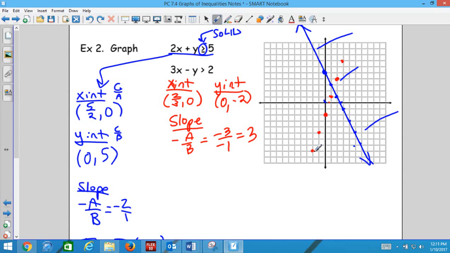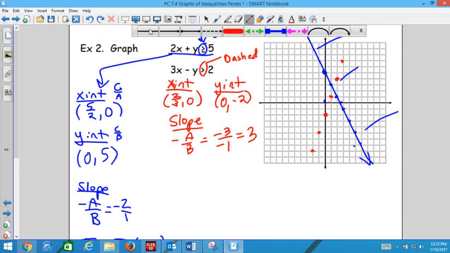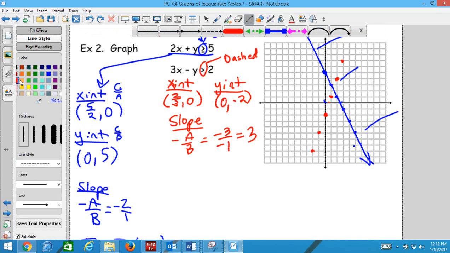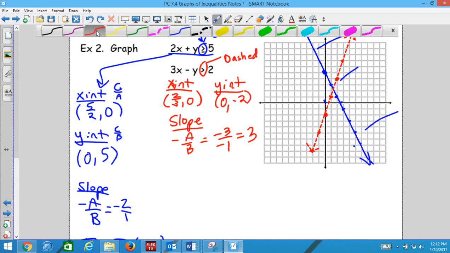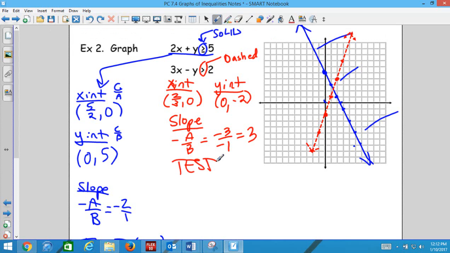Will this one be dashed or solid? Why is it dashed? It's not equal to, so it's dashed. And we need to test a point.